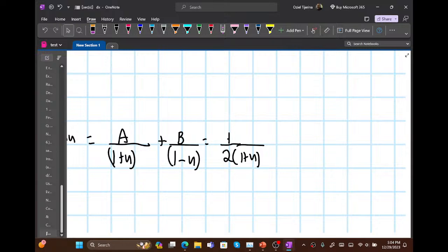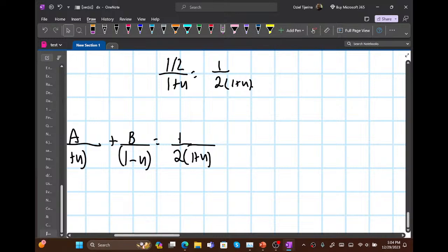So yeah, 1/2 over 1 plus u is 1/2. I'm not really going to explain it unless anybody wants me to.